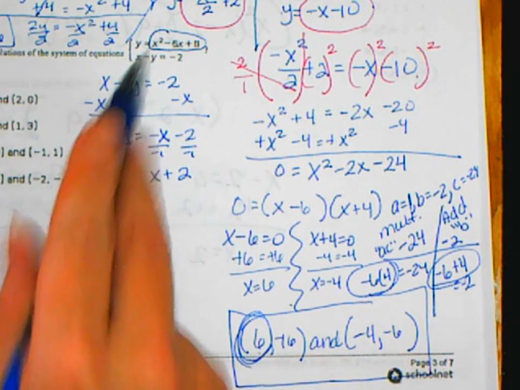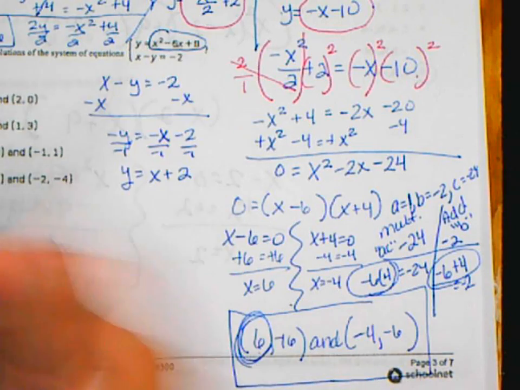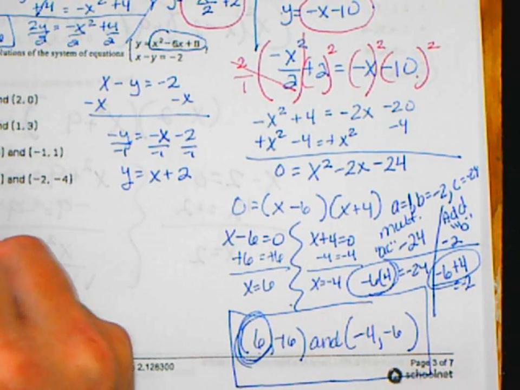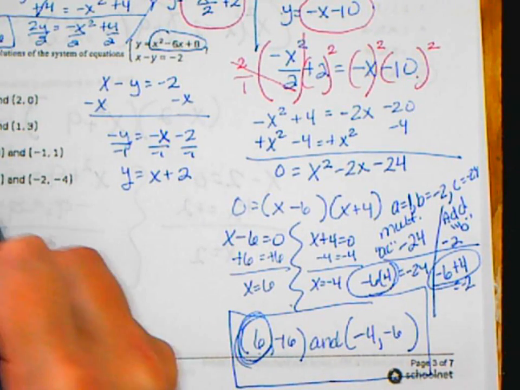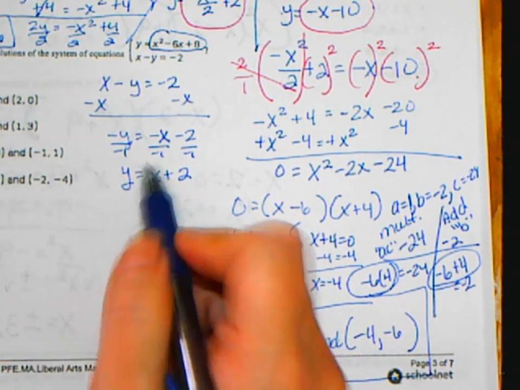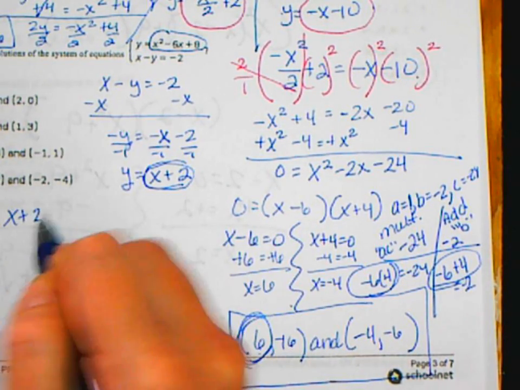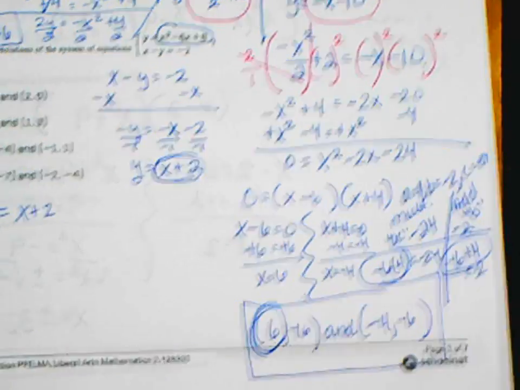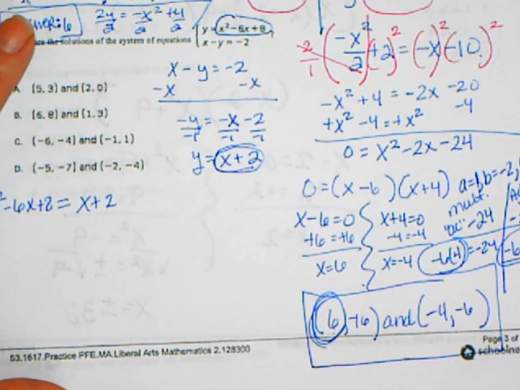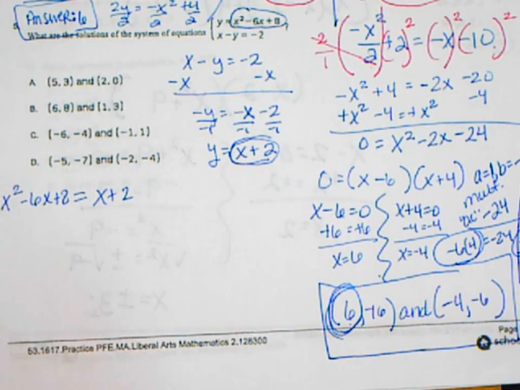So I'm going to take what y was equal to in that top equation, which was x squared minus 6x plus 8, and set it equal to what y is equal to in this bottom equation, which is x plus 2. I can see I have quadratic terms and linear terms and a constant, so it's not like I can just move everything to one side and say x equals this.